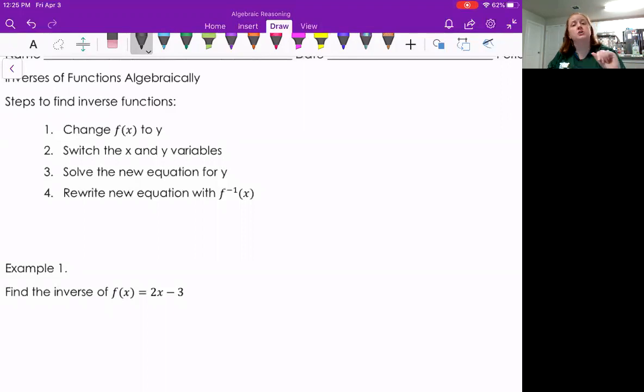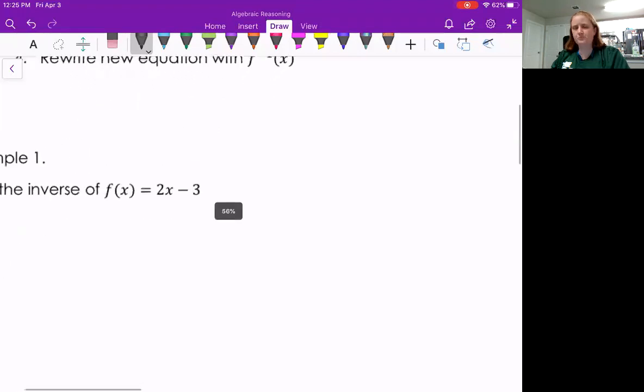Wherever you see an x, change it to a y. Once we have our new equation, step 3 says solve this new equation for y. We're going to set it up as in it was a y equals. And step 4, once we have it in y equals, we're going to change that y now back to f inverse of x. So let's see how this process works on our examples.